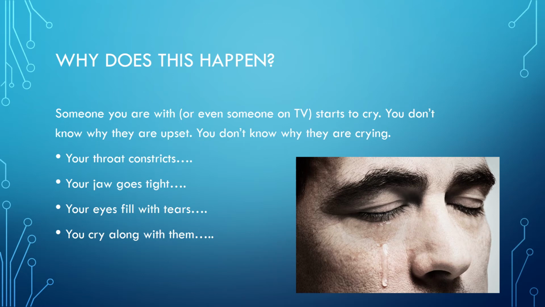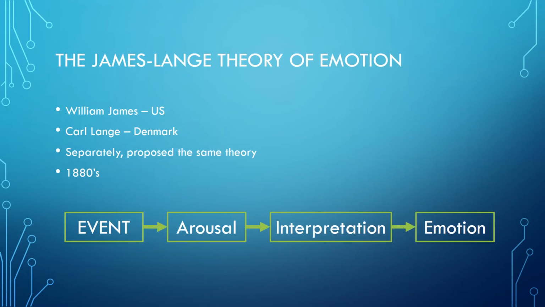Your throat gets tight, your jaw tightens up as you're trying not to be emotional, your eyes fill with tears, and suddenly you're crying along with them. So how come that physiological reaction has occurred when actually you've got no thought process whatsoever about why that other person is crying or even why you're upset?